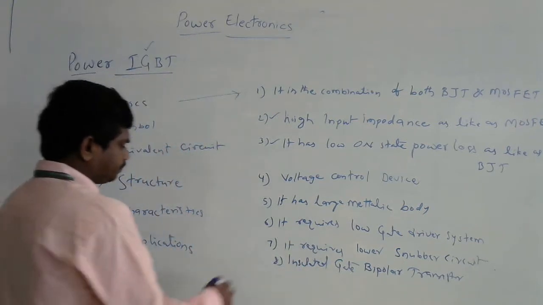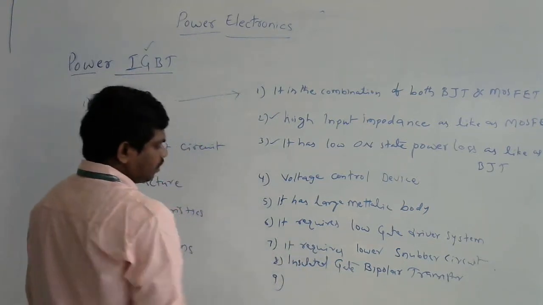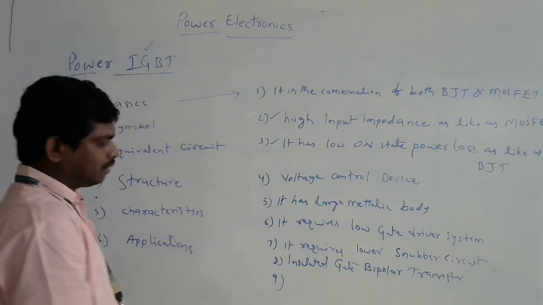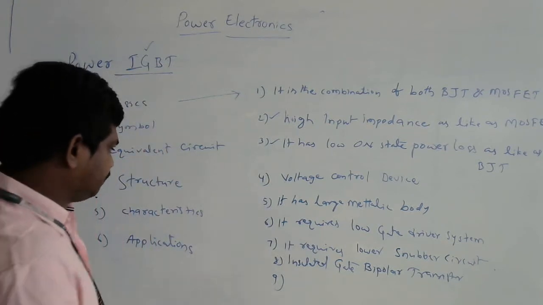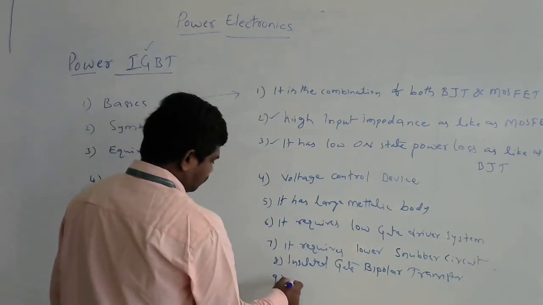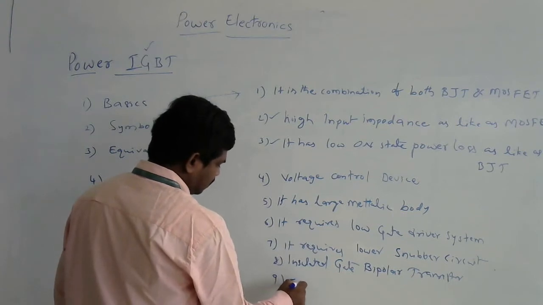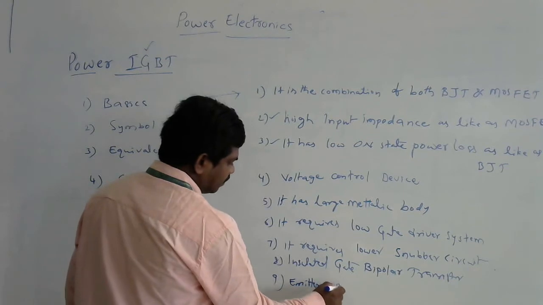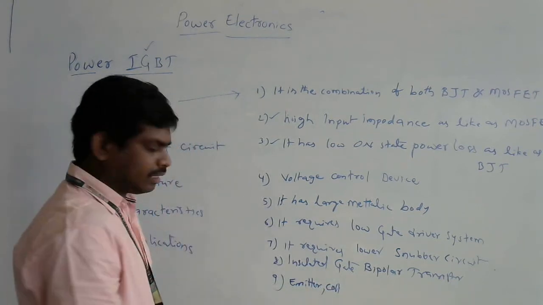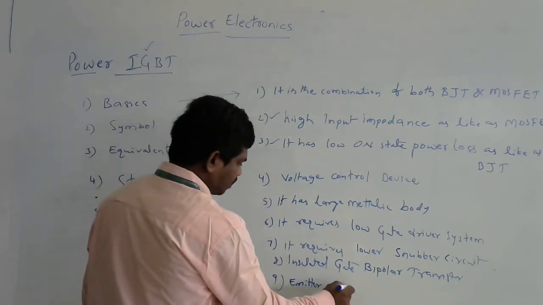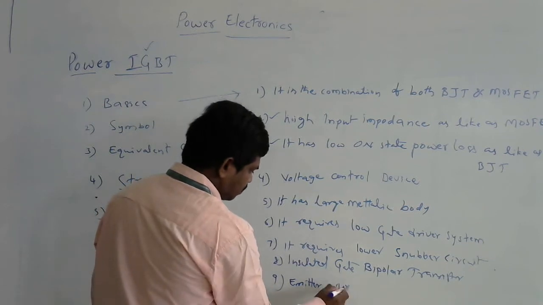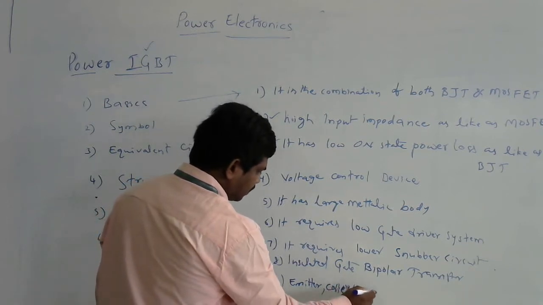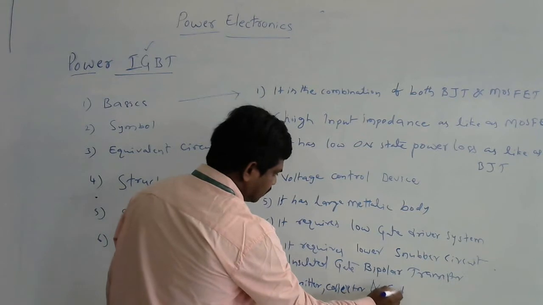One more thing is the terminals. What are the terminals that the IGBT has? The terminals are emitter, collector, and gate.